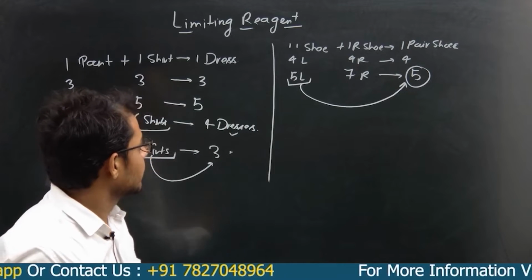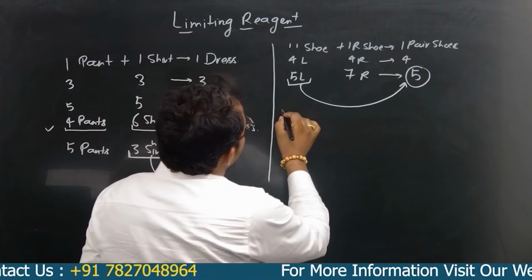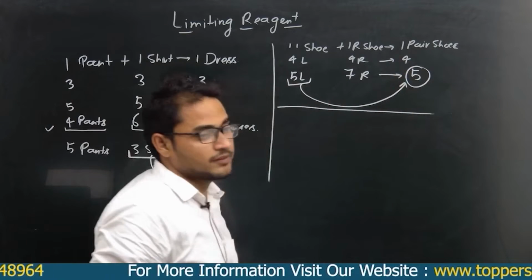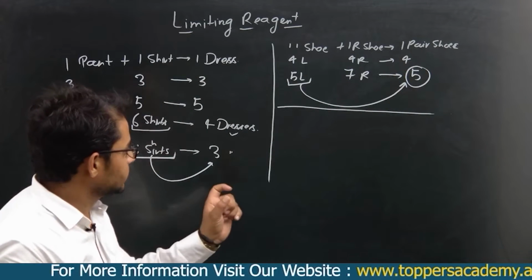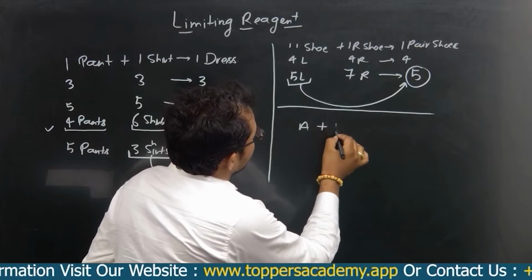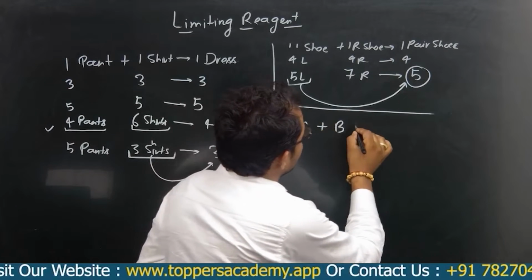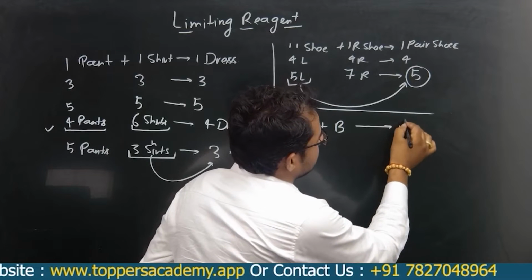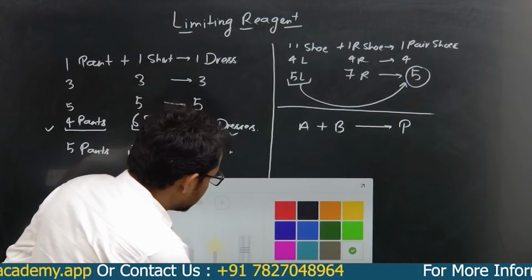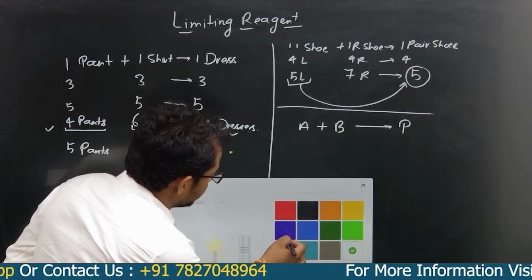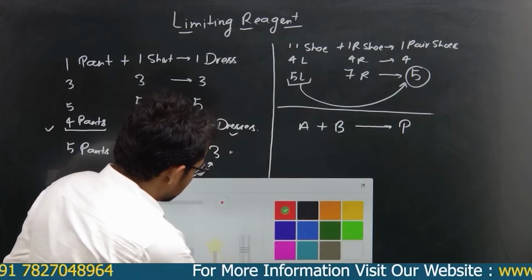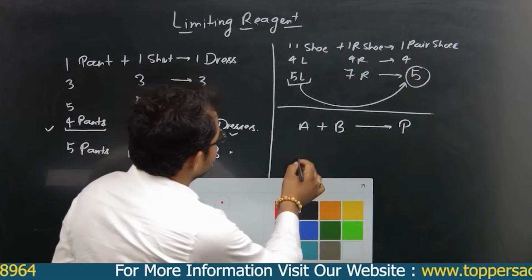So similarly, I am going to correlate this with the limiting reagent. See, if there is a reactant A reacting with another reactant B and forming a product, suppose we are given the number of moles of these reactants.